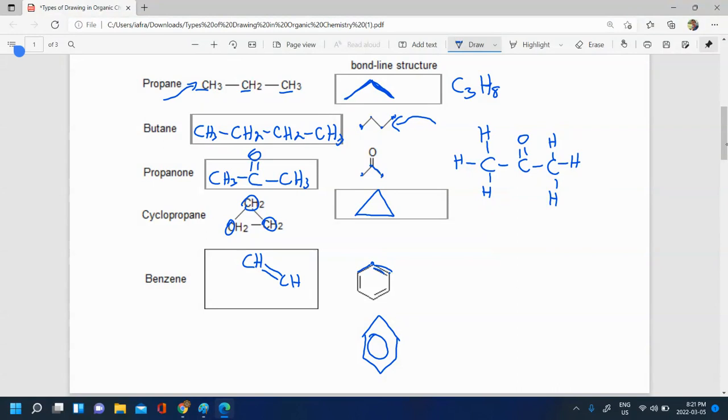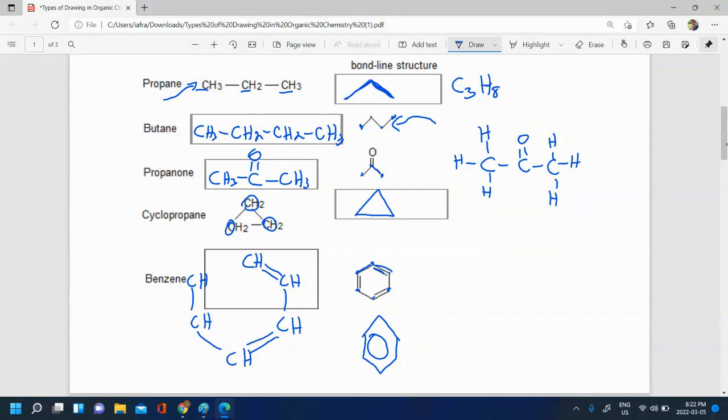And then this carbon here, also just CH. This carbon here, also CH. This carbon here, also CH. This carbon here, also CH.